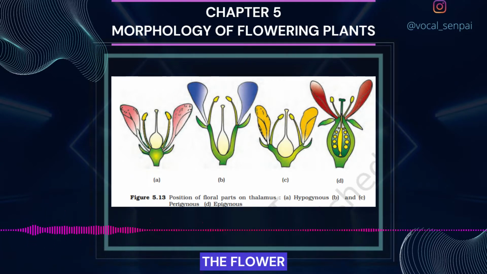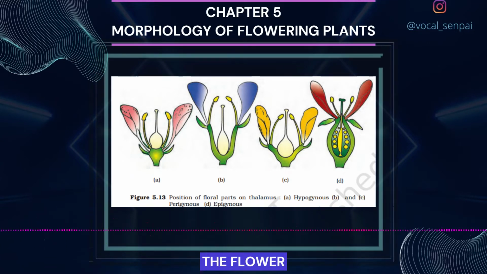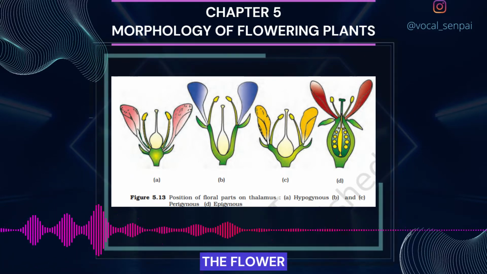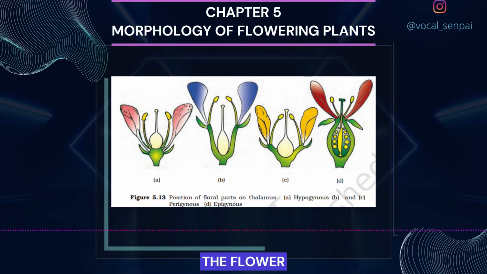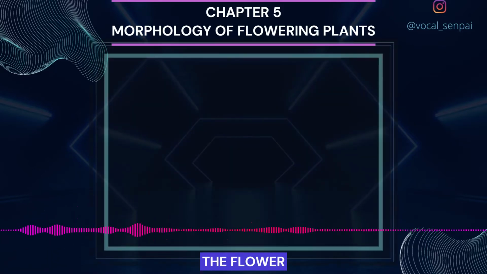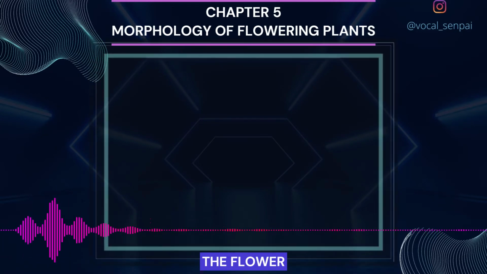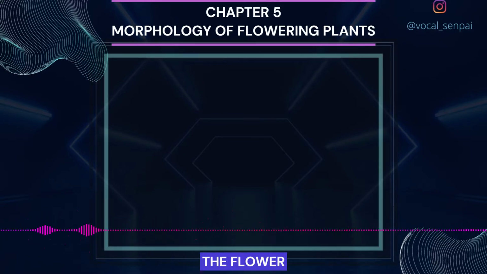The ovary here is said to be half inferior, example, plum, rose, peach. In epigynous flowers, the margin of thalamus grows upward enclosing the ovary completely and getting fused with it. The other parts of flower arise above the ovary. Hence, the ovary is said to be inferior as in flowers of guava and cucumber and the ray florets of sunflower.